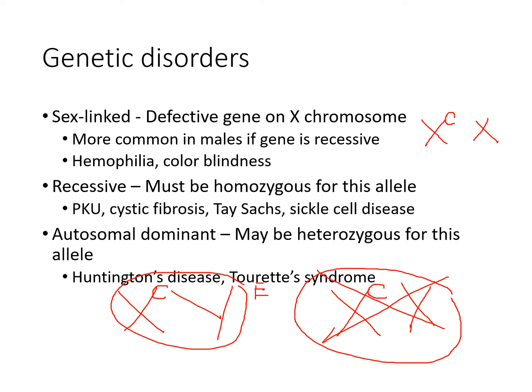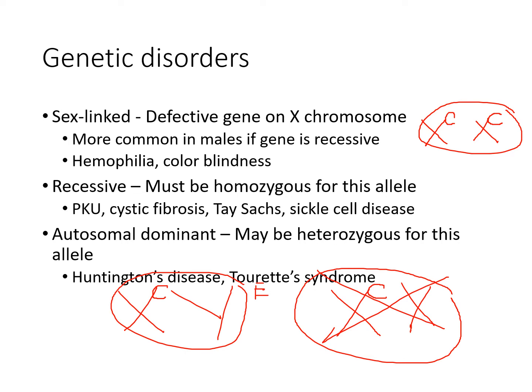Her mother has no idea that she's a carrier for color blindness, but her dad is colorblind. And so when this girl is born, she will be born colorblind. She will have color blindness because she has both of these recessive characteristics, or recessive traits, on her X chromosome.